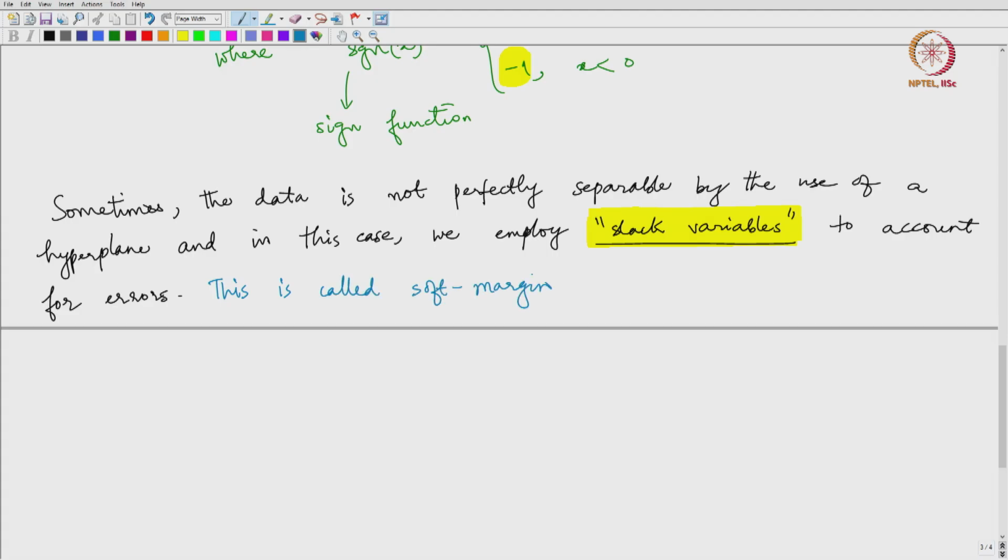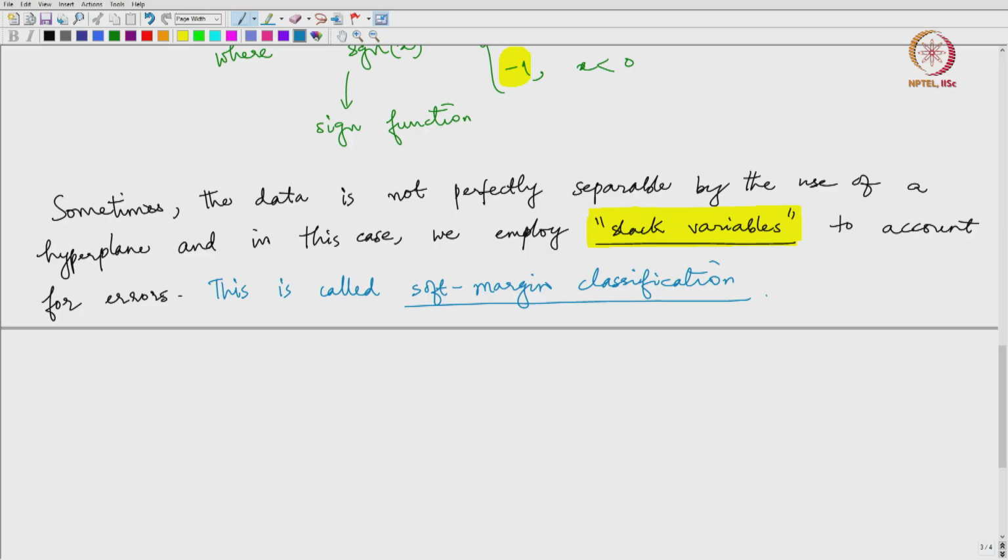So, what we did previously was hard margin classification, and what we are going to do now, which involves the use of slack variables, is soft margin classification. Okay. So, let us see how this particular problem is mathematically formulated.